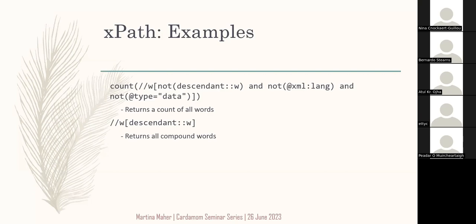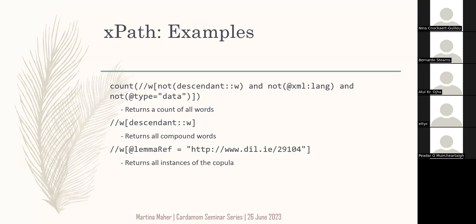So some examples of the kind of searches we can perform: return the word count of a single head word within the entire corpus. We can return, for example, all compounds across the entire corpus or within a single text, depending on which we choose to do. We can look at a very specific word and get all instances.